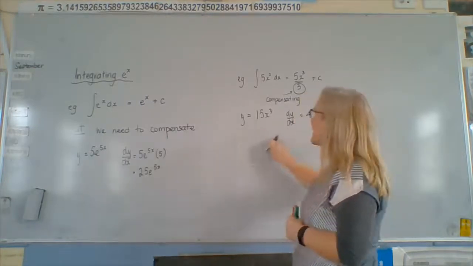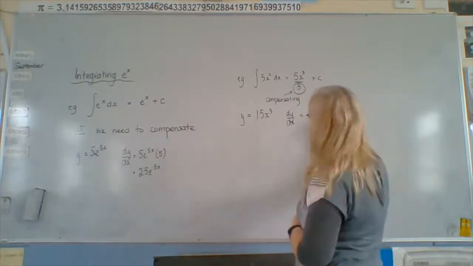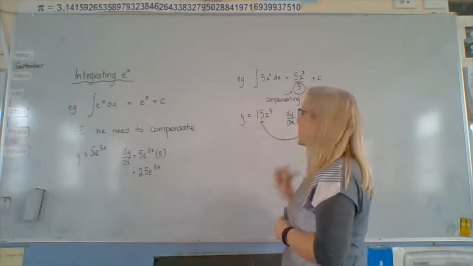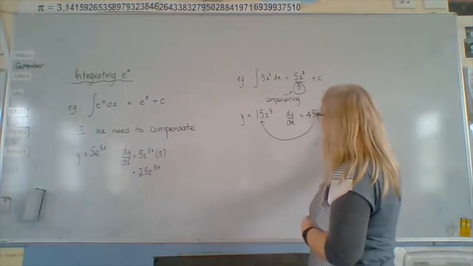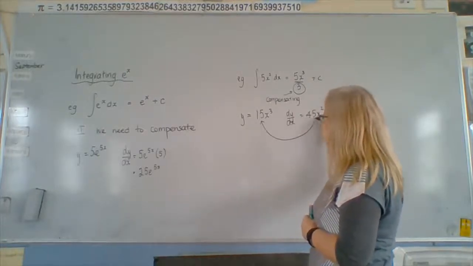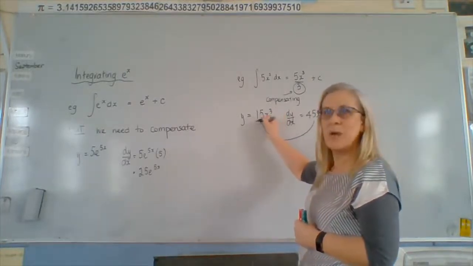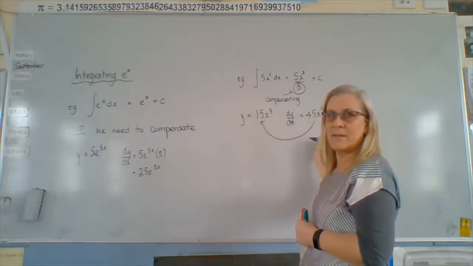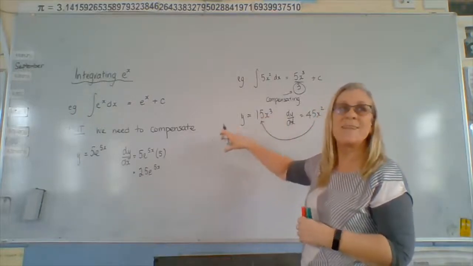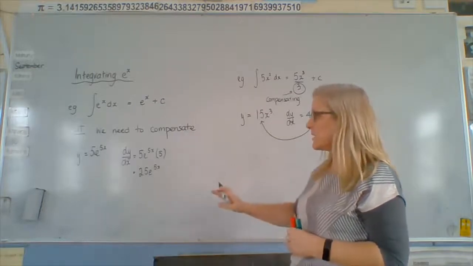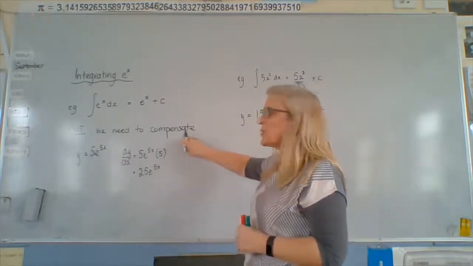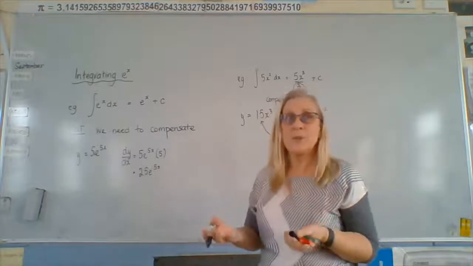So if we were going this way, from here to here, trying to get back where we came from, then we need to add 1 to the power and divide by the new power because we multiplied by it over here. So we're compensating for what we did when we were differentiating. But we're not differentiating, we're integrating. So what we have to do is, in everything we do, compensate.